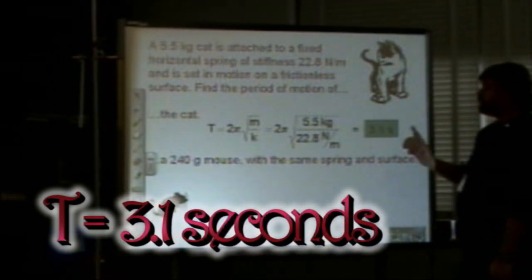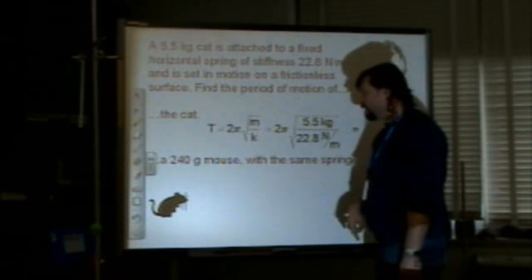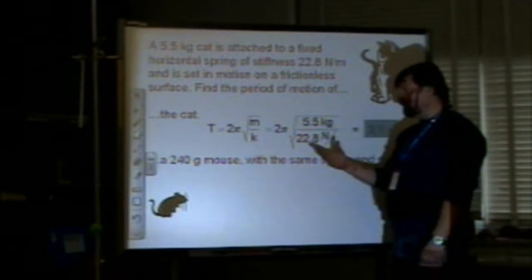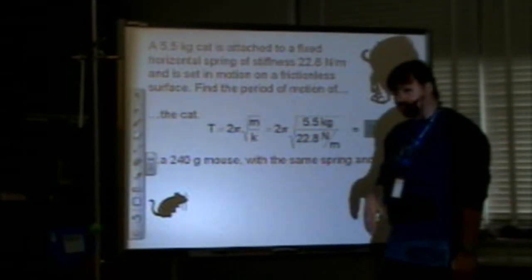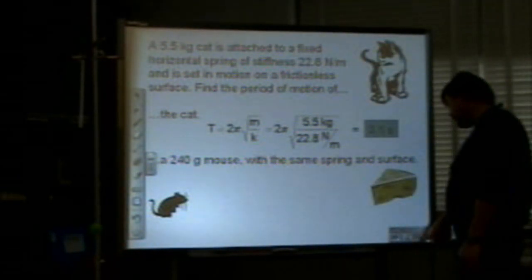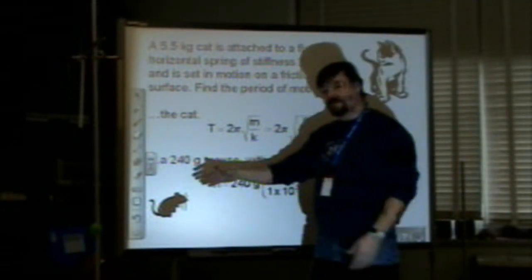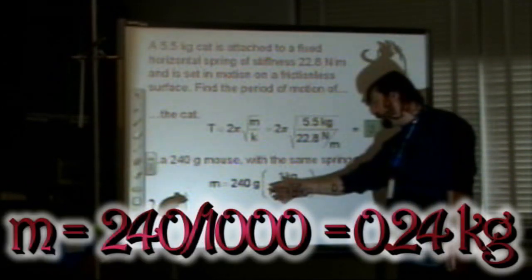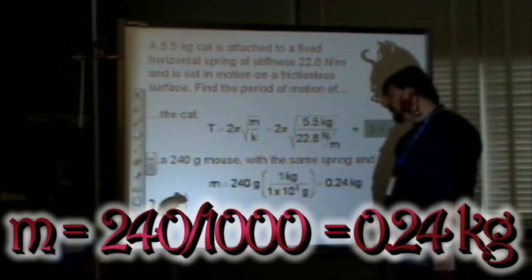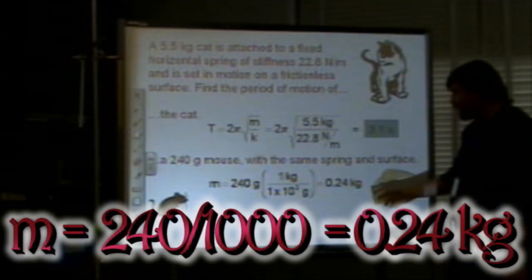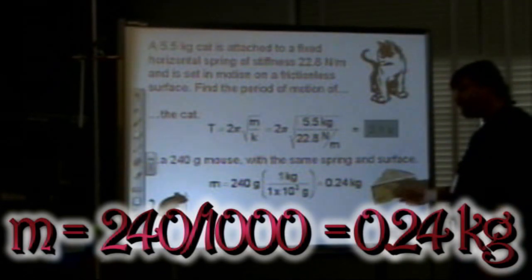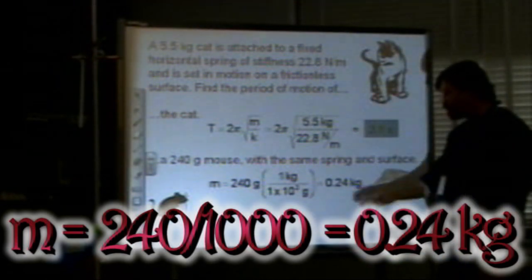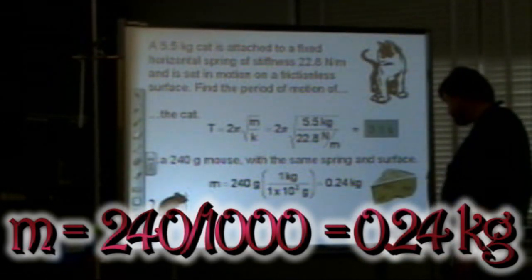All right, so now what if we have a mouse, which is 240 grams, with the same spring and the same frictionless surface? What would the time period be for the mouse? Now remember, we have to convert grams to kilograms because it's the MKS system: meters, kilograms, seconds. We have 240 grams for this mouse. We convert it to 0.24 kilograms, whether you simply move the decimal 3 spaces or go through your factor label method.